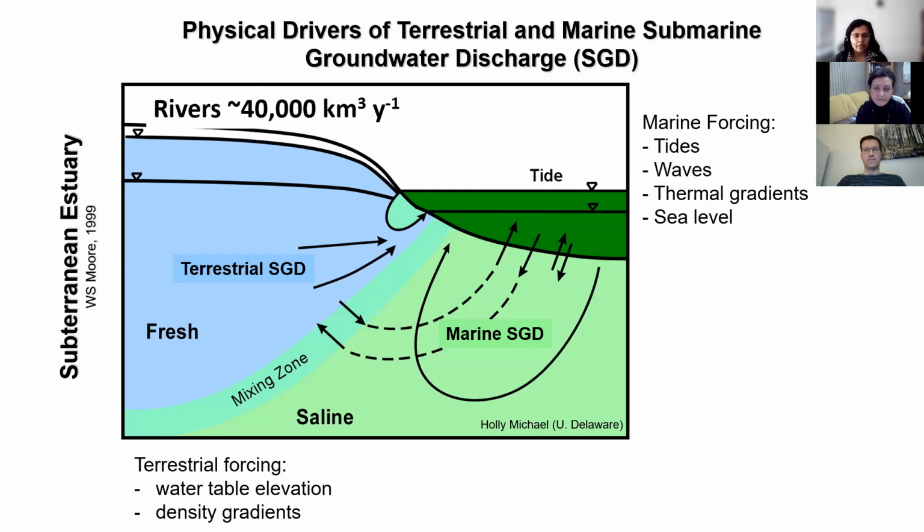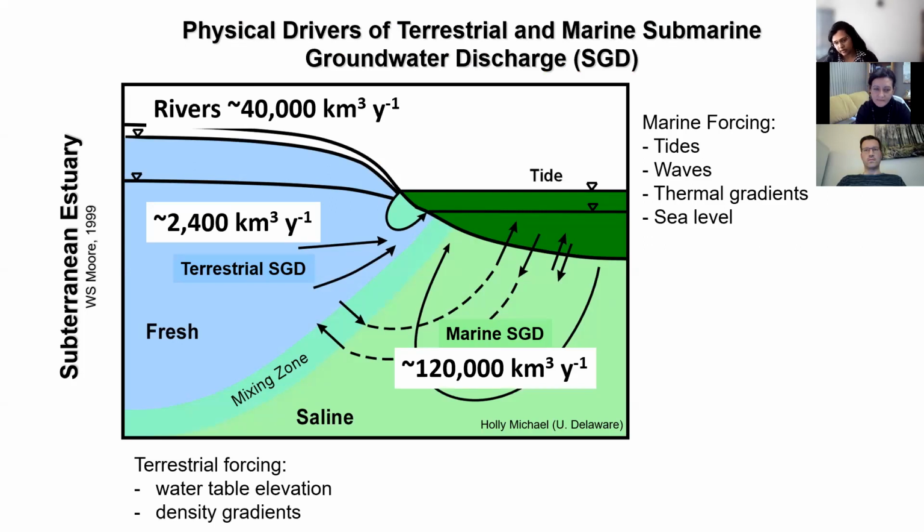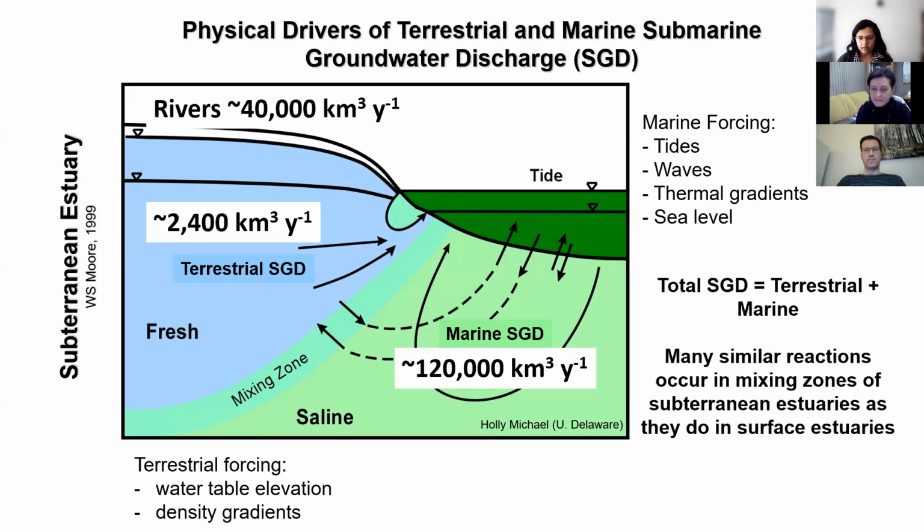Rivers supply about 40,000 cubic kilometers per year of water to the ocean. Terrestrial SGD supplies about 2,400 cubic kilometers per year. One of the estimates for marine SGD is about 120,000 cubic kilometers of water per year. So just off the bat, when I talk about total SGD, I mean terrestrial plus marine.